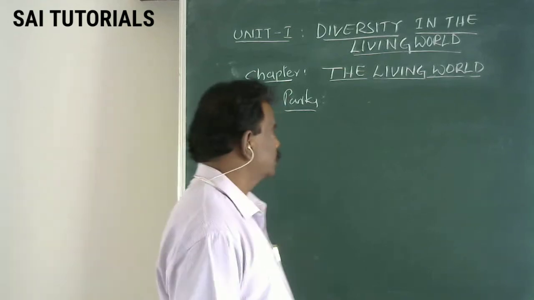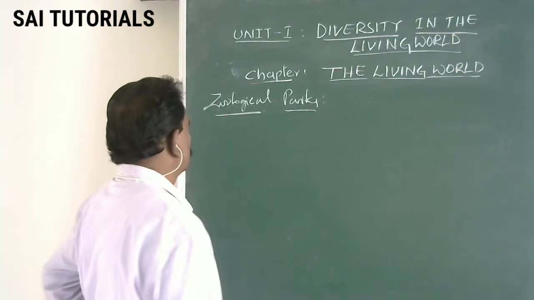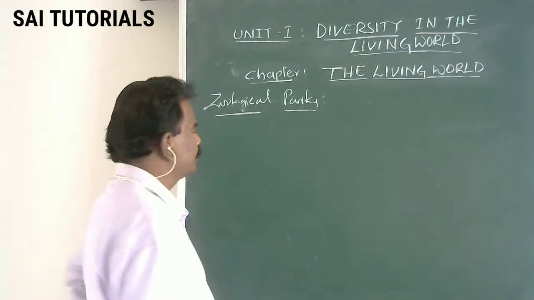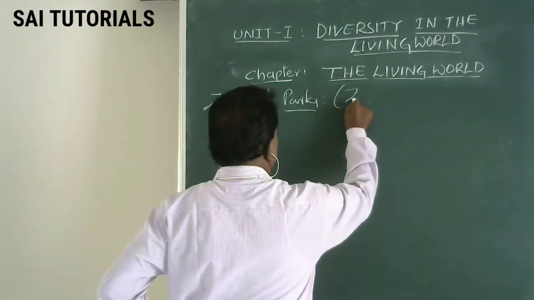The next taxonomic tool, zoological parks. Zoological parks are also called zoos.